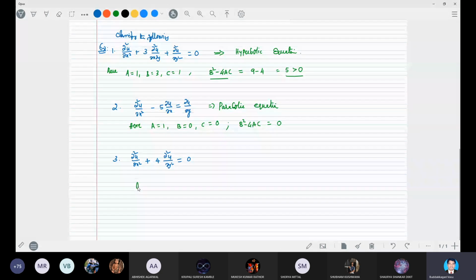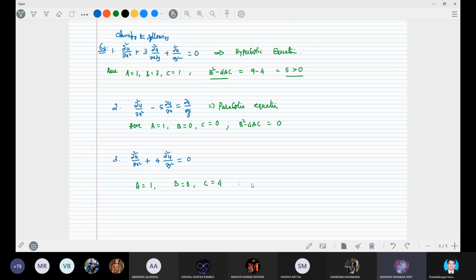Where A is equal to 1, B is equal to 0, C is equal to 4. Therefore, b square minus 4ac is 0 minus 16, which is less than 0, right?